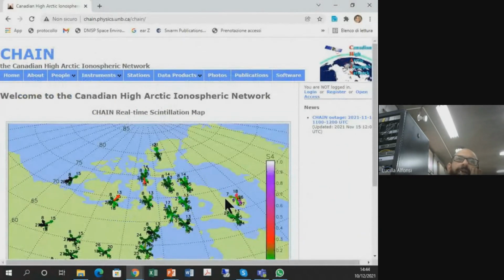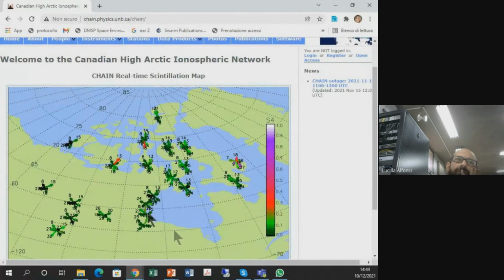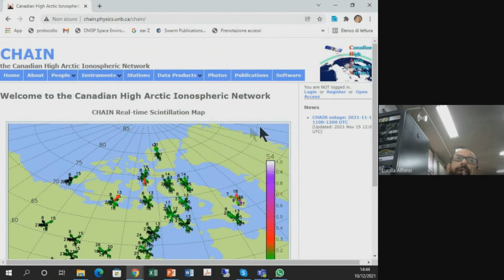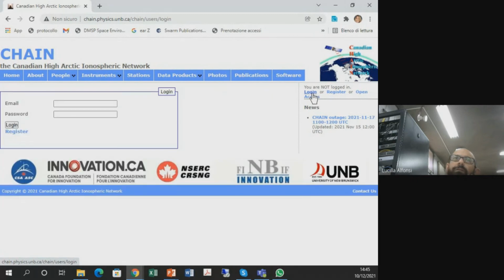But okay, here you have the location of the receivers and the last data available from each of them. And you can do a lot of stuff here, but you have to register on the website. So you can register here with your email, and you will be able to go into the web portal.